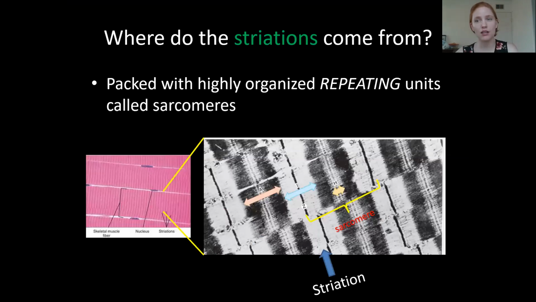Okay, now we need to talk about those striations. Remember when you look at the muscle tissue, you have these stripes, and those stripes are called striations. The reason they have striations is because those myofibrils are organized with repeating subunits, and those repeating subunits are called sarcomeres.